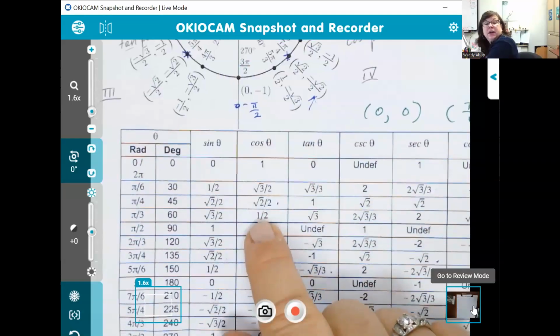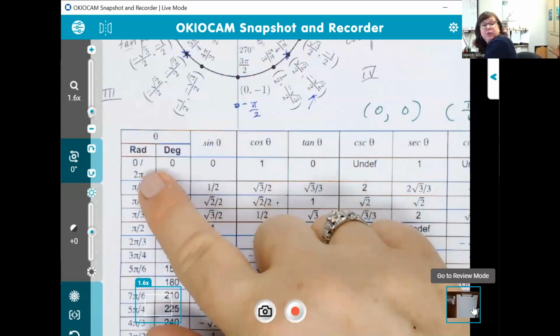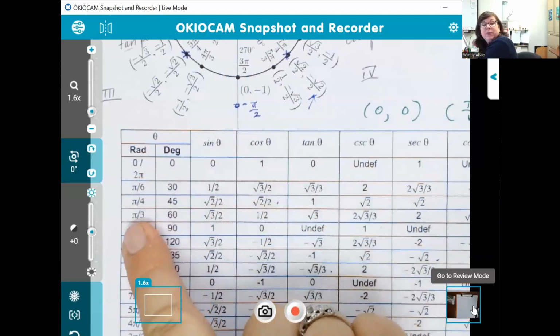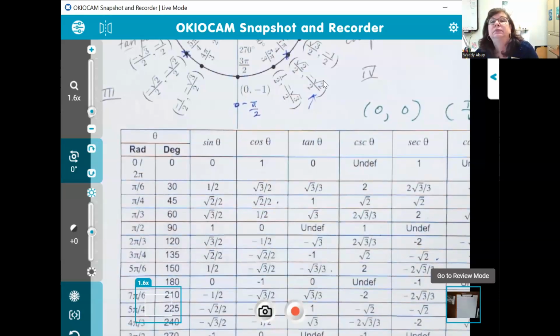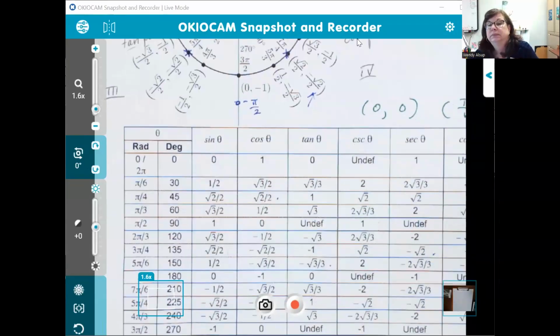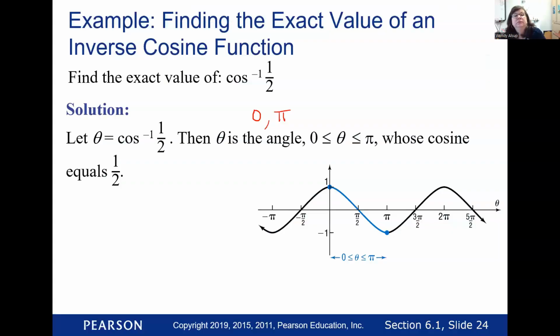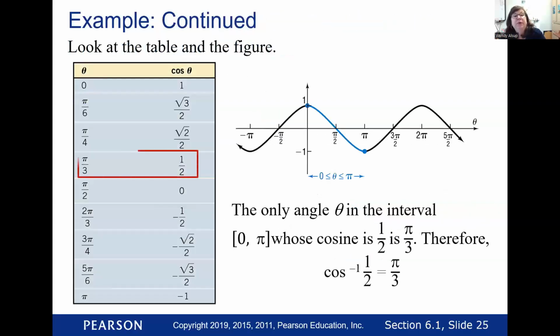Here it is right there. And pi over 3 is between 0 and pi, so this is right where I need it. So our answer is pi over 3. Lots of explanation, but here you go.